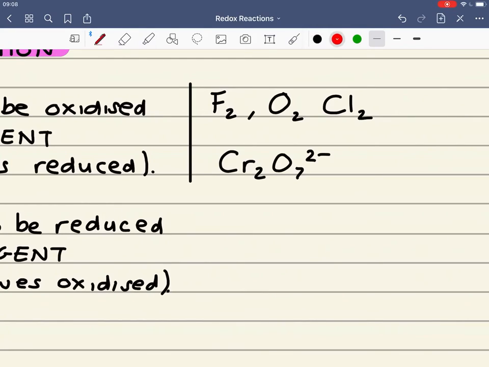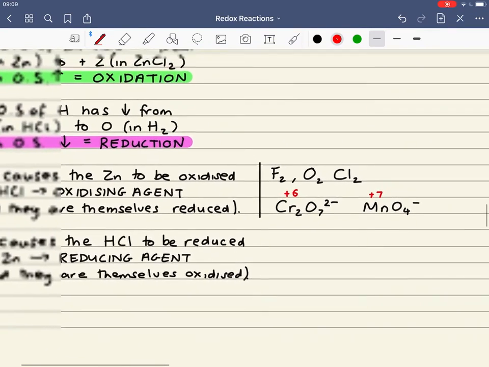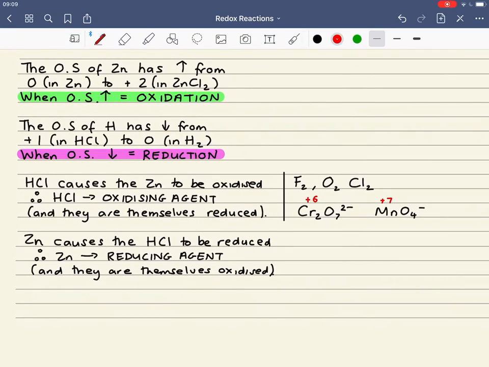That's an oxidising agent because it's got an atom within it which has got a very high oxidation state. Another one would include something like permanganate ions. Again, very good oxidising agents because it's got an atom within it which has got a very high oxidation number. And as I did say from my definition, when these act as oxidising agents, one of these atoms, which is actually the chromium, the oxidation number does reduce.